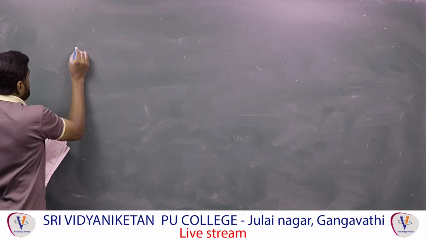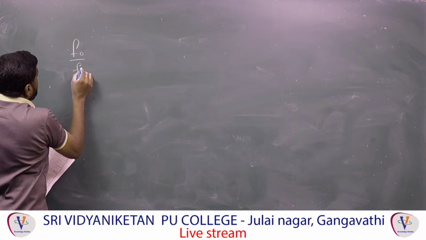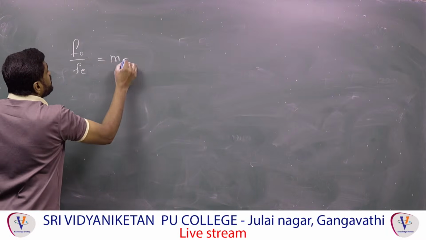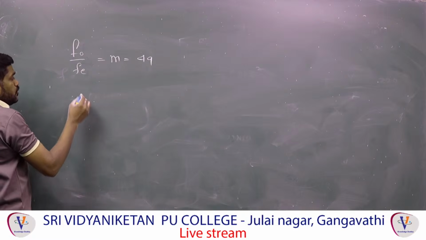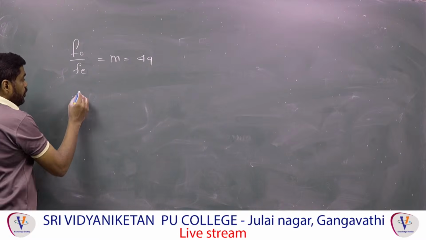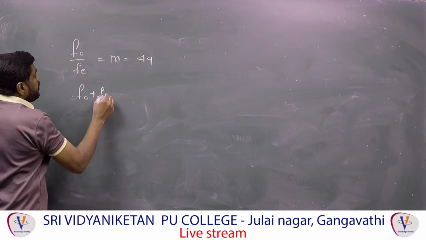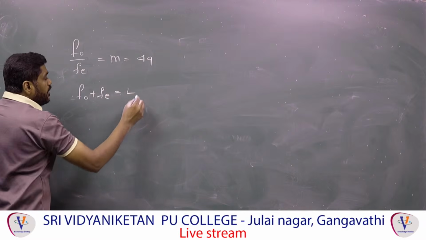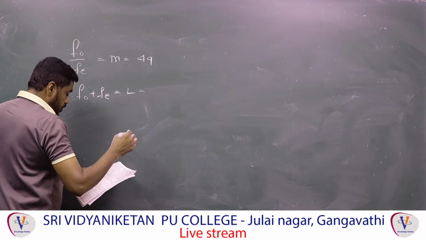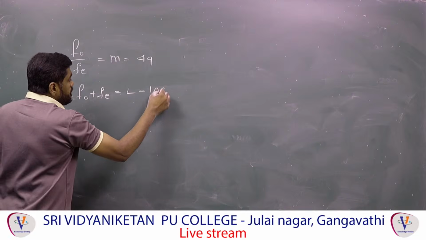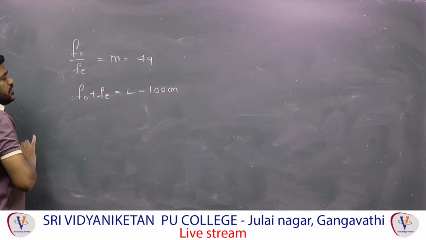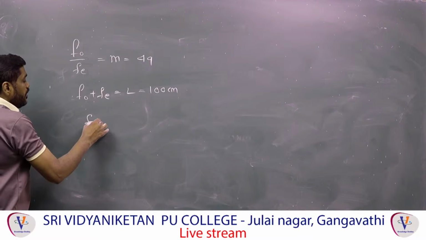Therefore, the magnification, F naught by Fe, is equal to 49. And they have given F naught plus Fe is equal to L, and the L value is 100 centimeters. Now use this equation and find out how much F naught is.